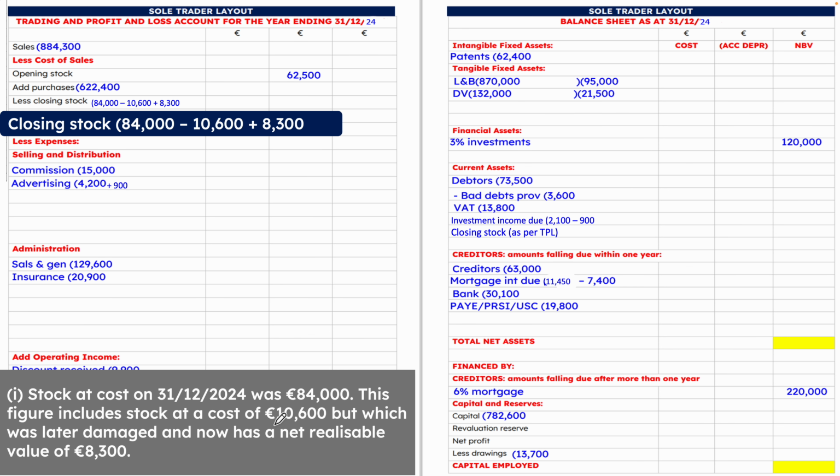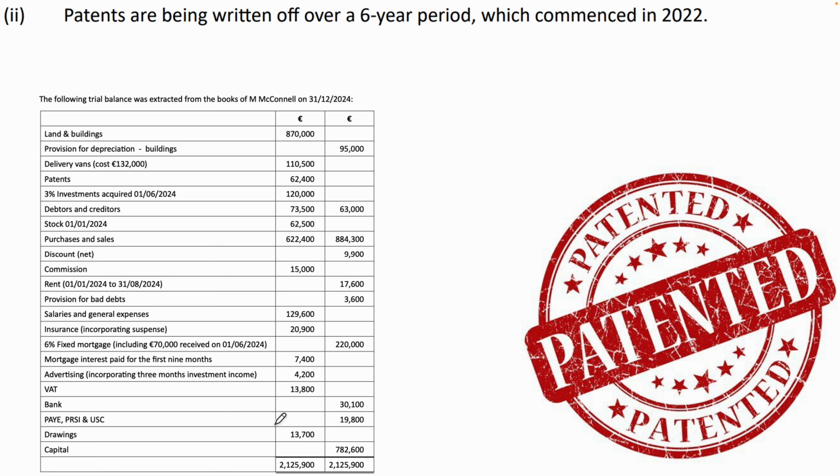All we're doing here is writing down beside our closing stock 84,000 minus 10,600 plus 8,300. And then we are also putting our closing stock under the current assets. So that is that part done.